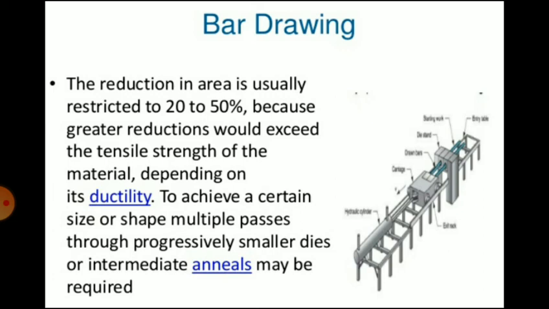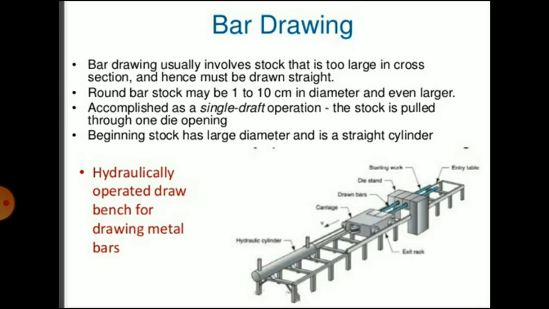So you can see in the diagram, there is a carriage on the left hand side and there is a die. The raw material on the right hand side is in the form of bar stock, and with the help of the carriage, the bar stock is pulled through the die, and that pulling is done by a hydraulic mechanism.